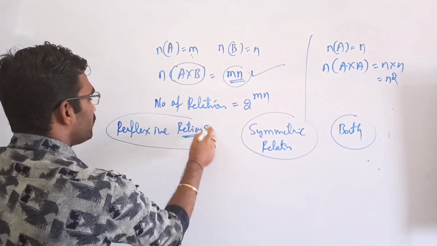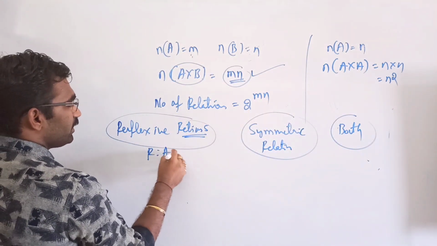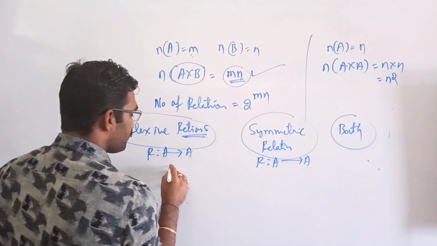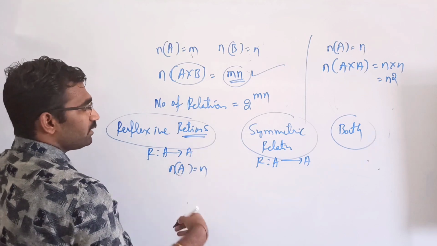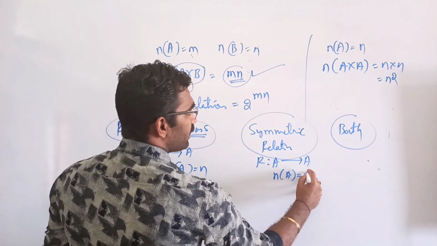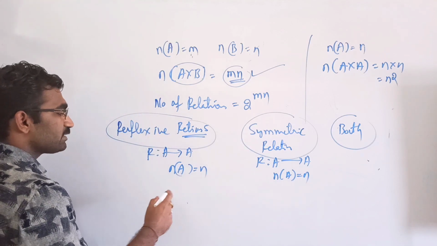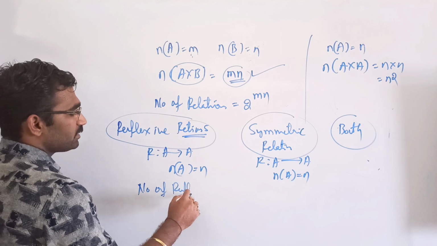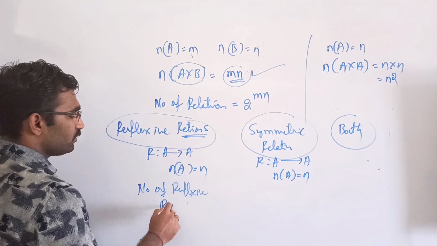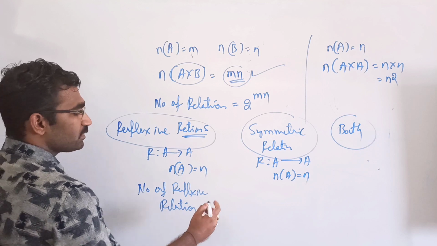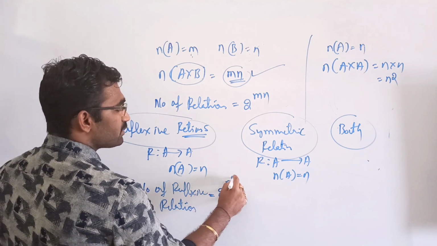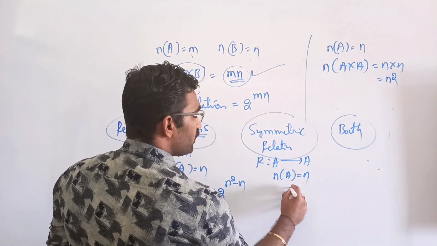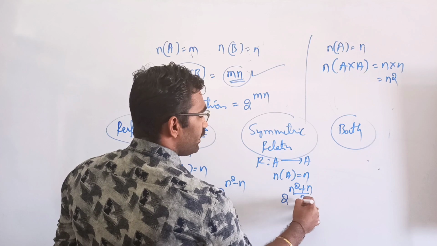If a relation is defined from A to A, where the number of elements present in the set A is n, then the number of reflexive relations is 2 raised to n square minus n. The number of symmetric relations is 2 raised to n square plus n, divided by 2.